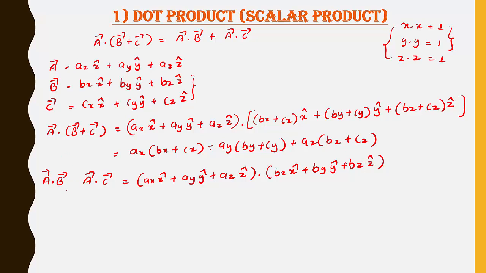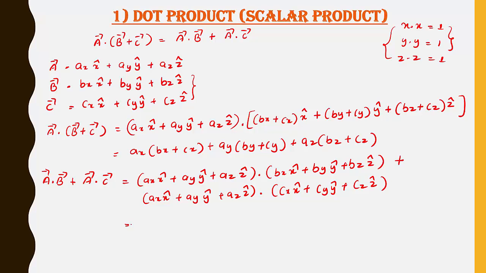So this is plus here: vector A dot vector B plus vector A dot vector C. Similarly, vector A value I am going to write here, dot vector C, which is Cx x cap plus Cy y cap plus Cz z cap.